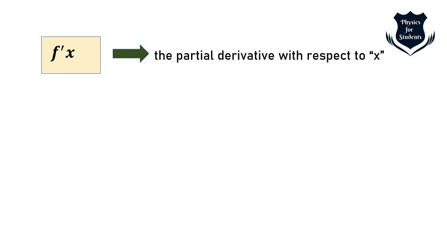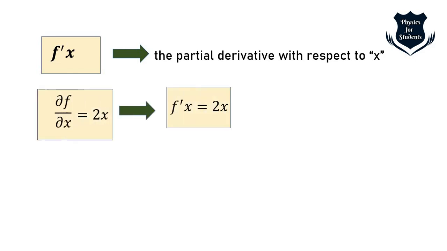So just note that f prime of x, which I have used, basically means the partial derivative with respect to x. So this can be written as del f by del x equals 2x, which is the same as f prime of x equals 2x. So if you take something like this, say for example x, y and z with an equation x raised to the power 4 minus 3xyz.